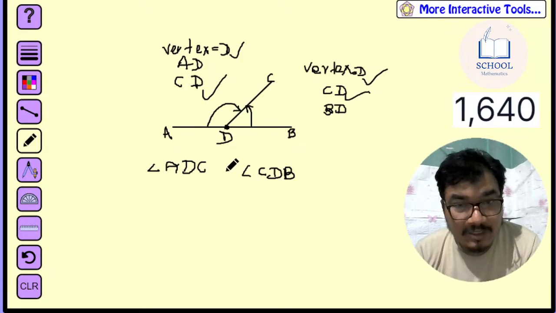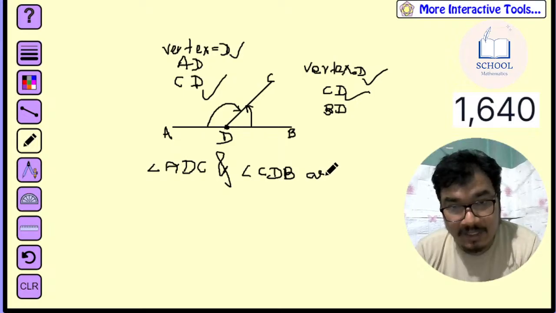Okay, such type of angles, one angle is ADC, another angle is CDB. These two angles are adjacent angles, okay. We can put their adjacent angle.